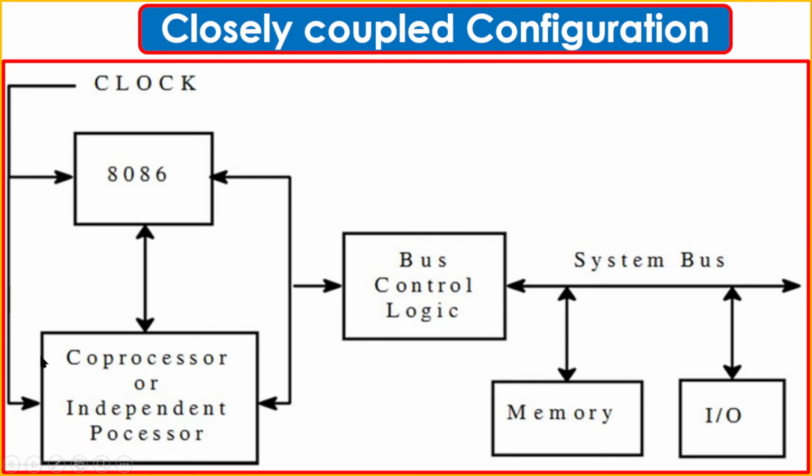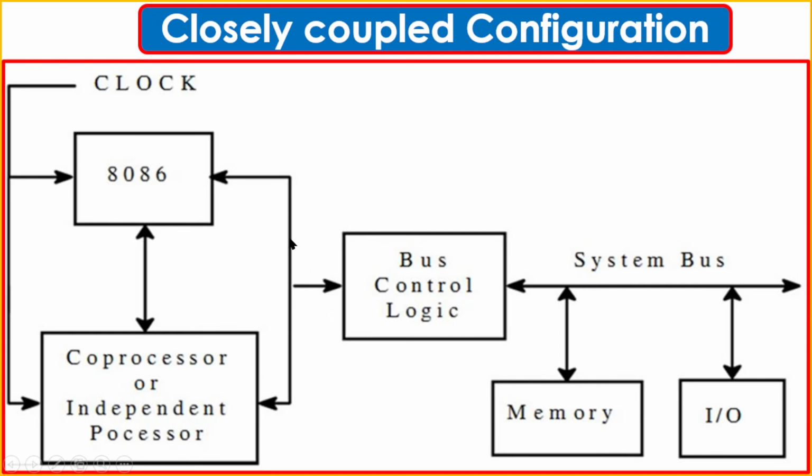A common clock is given to both the devices, with a common memory and common IO devices connected to the system bus. The system bus is connected to both processors through a bus control logic. So we need an efficient bus control logic to allocate the system bus effectively for both the 8086 as well as the coprocessor.